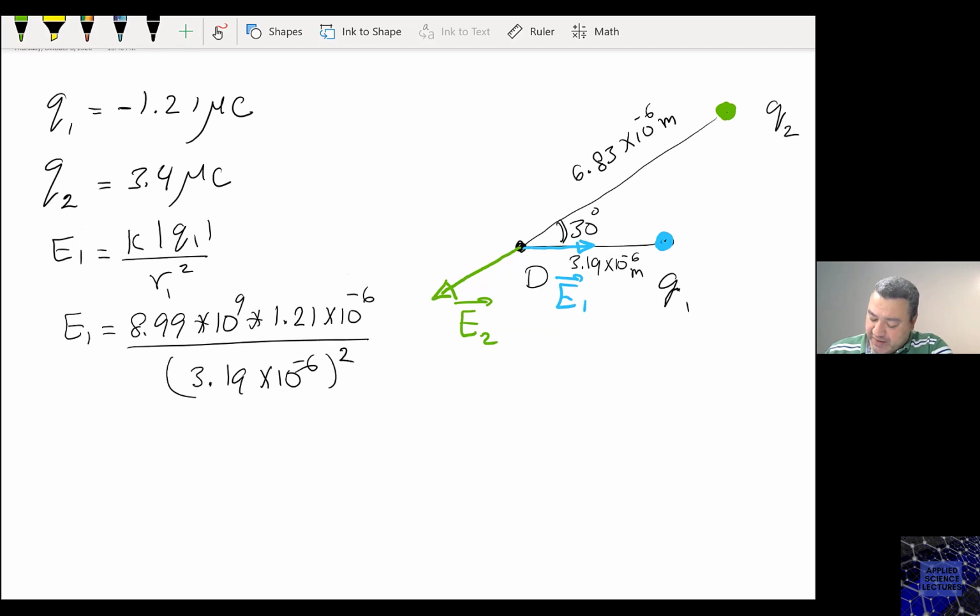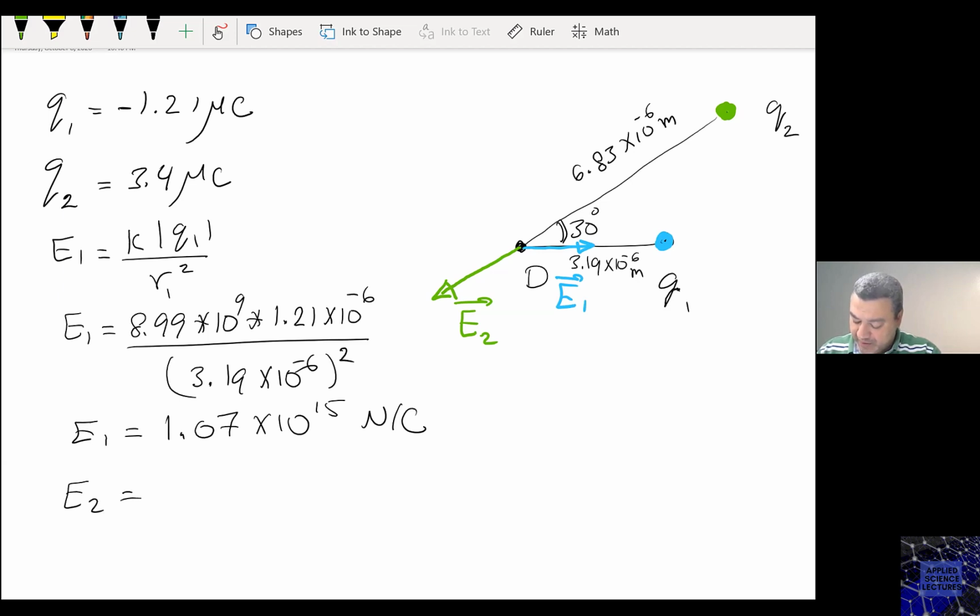So in this case, E1 is 1.07 times 10 to the power 15 Newton per Coulomb. This is E1.